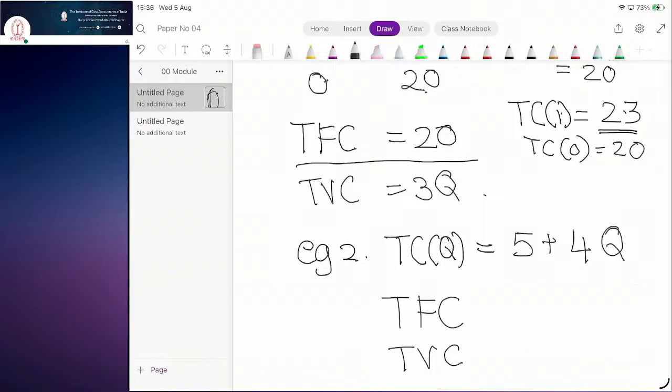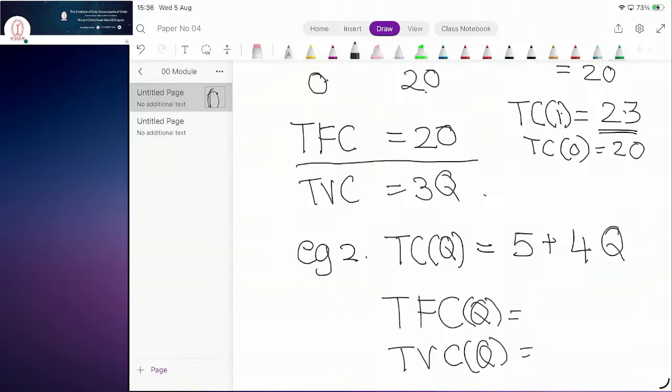TC. What would be the TFC and what would be the TVC? What did we do to calculate TFC? What value of Q did we take? 0.